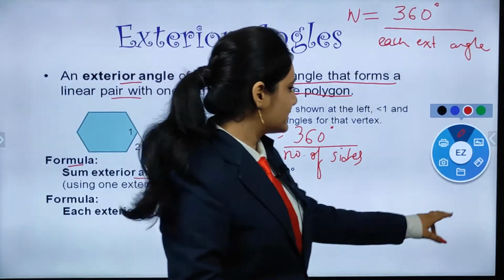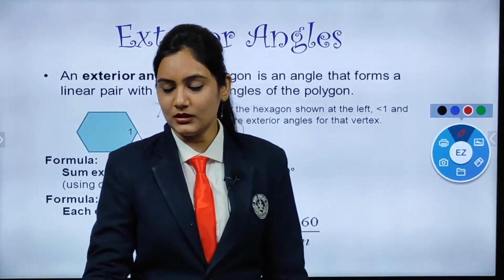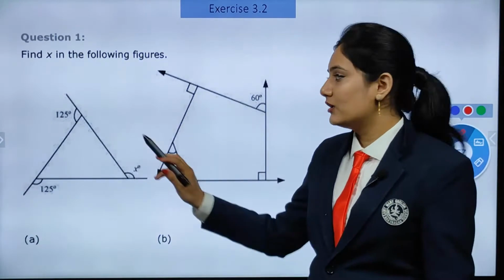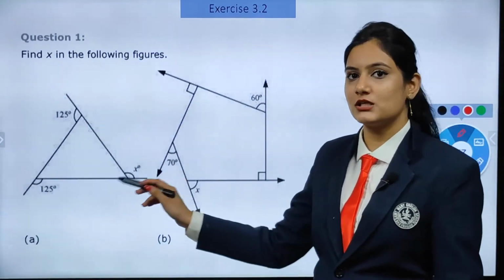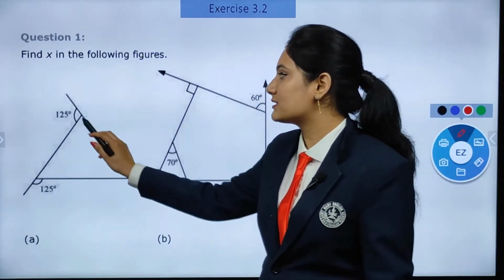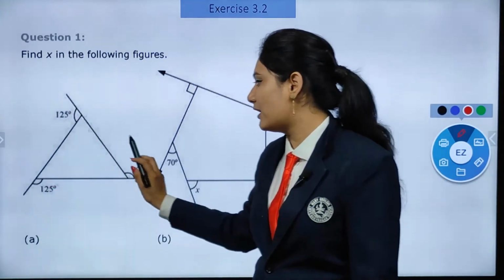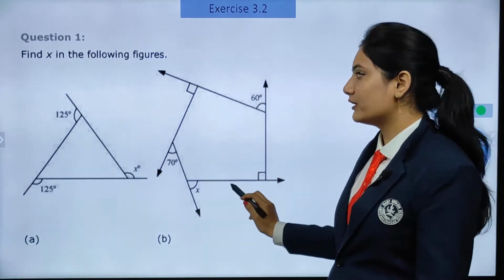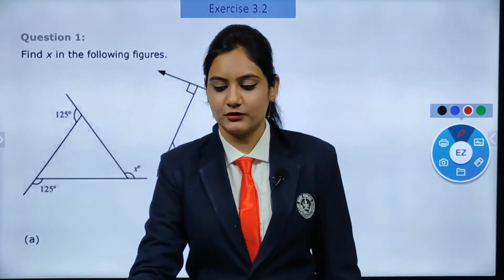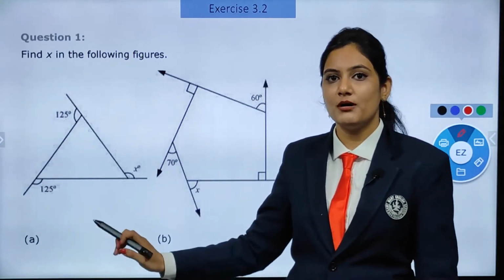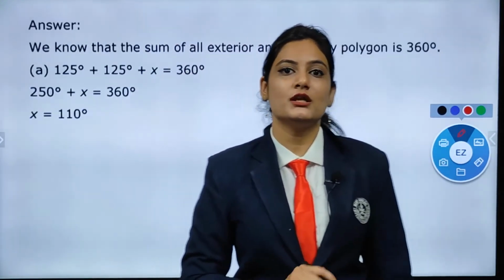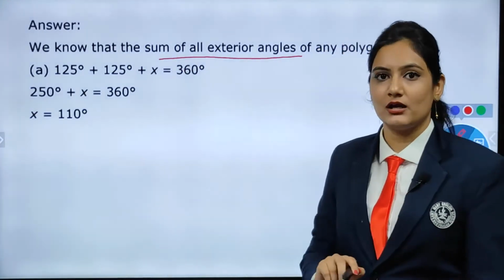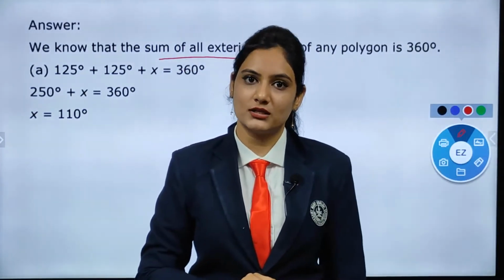Now coming to exercise 3.2 children, the first question: we have to find the value of x. Two shapes are given. First it is a triangle, exterior angles are 125, 125 and another is x. The second one is a quadrilateral. First we will find the value of x for figure number one. The sum of all the exterior angles of a polygon is equal to 360 degree.